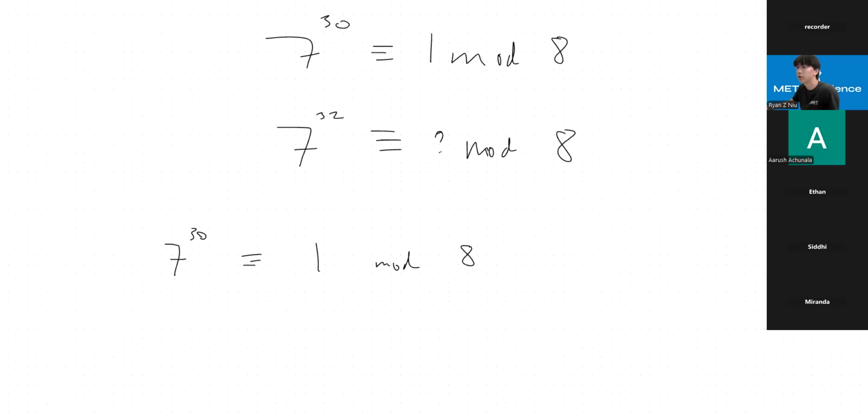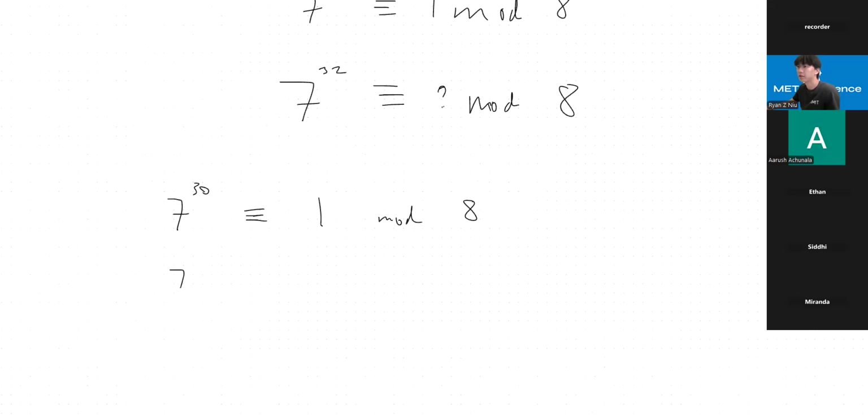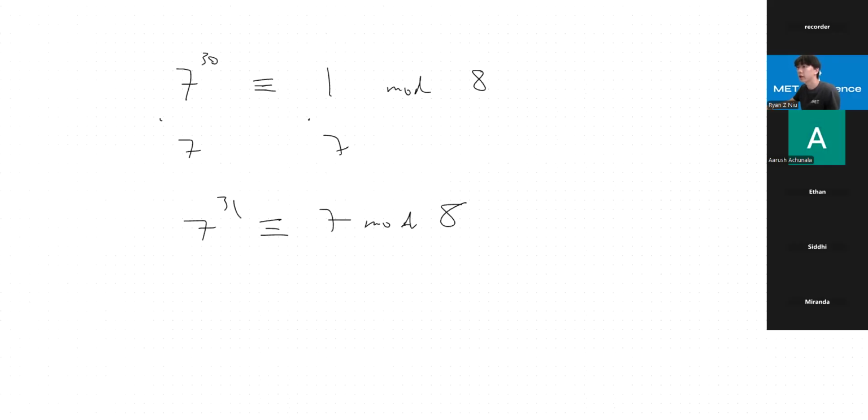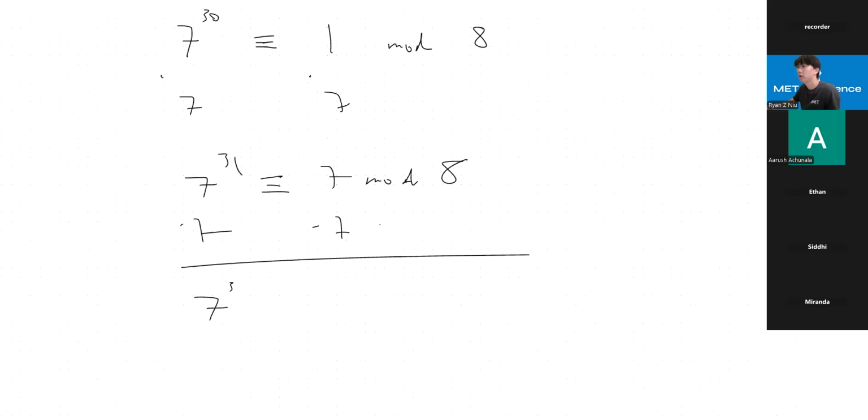What this would mean is for this equation, we can multiply by 7 to this side. And what we would get is 7 to the 31 is 7 mod 8. And then we can multiply by 7 again. And so this would get us 7 to the 32 equals 49 mod 8.